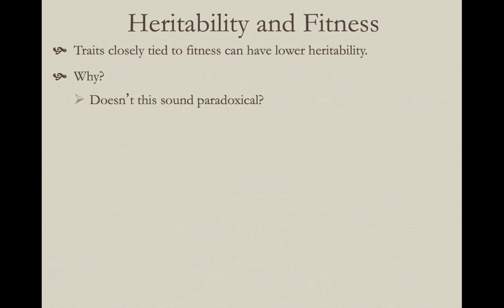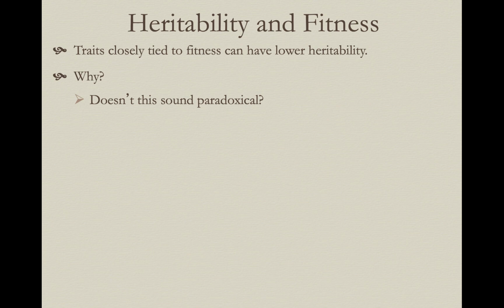All right, I just want to leave with a couple of thoughts about heritability and how it relates to fitness. So remember, fitness is a measure of how good you are at passing on genes to the future generations. And there are traits, which we call adaptations, that are linked to greater fitness.